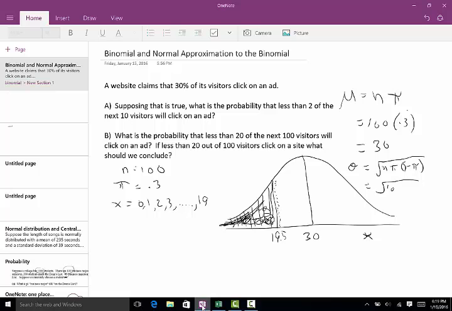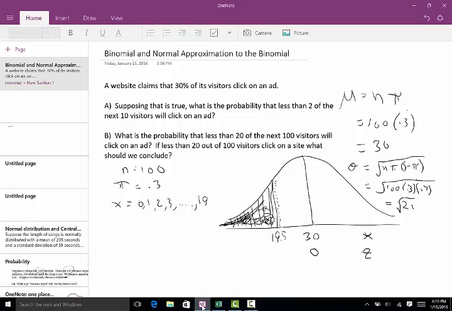That's 100 times 0.3. 1 minus pi, that's the probability of failure, that the person does not click. That was 30. 30 times 0.7 is 21. So square root of 21. We're going to need that to compute the z-score, because now what we're going to do is find the z-score for this value.